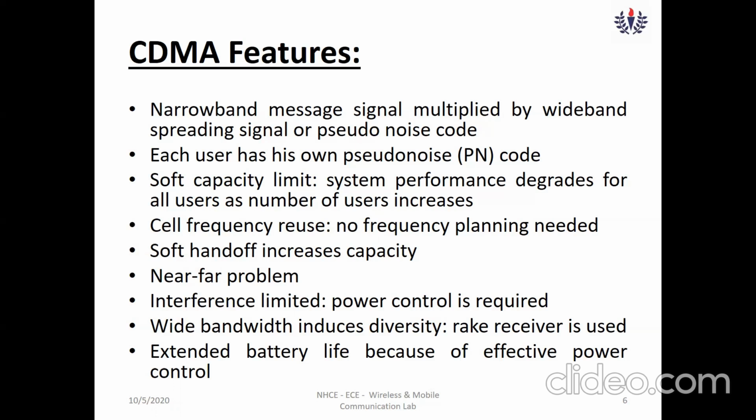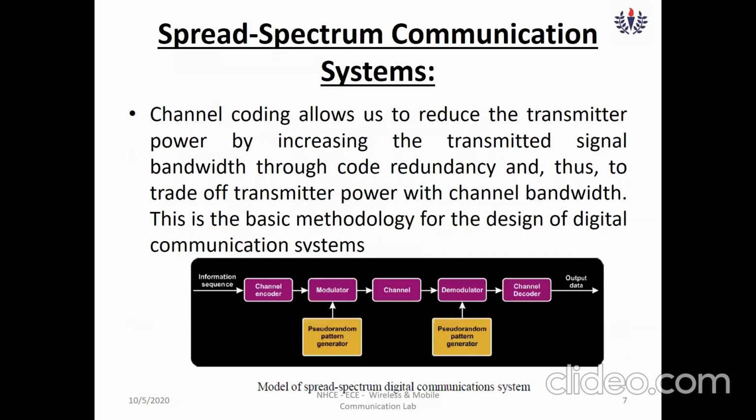So there will be no traffic between the users. Since our bandwidth is very wide, all users will find their own space. This gives the benefit of reducing congestion between the data, and extended battery life because of effective power control. These are the salient features of the CDMA technique.